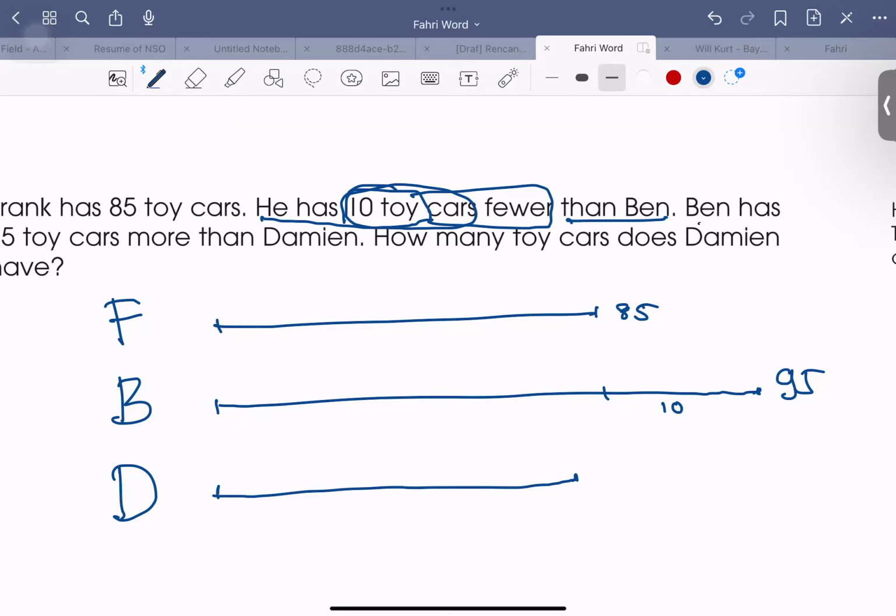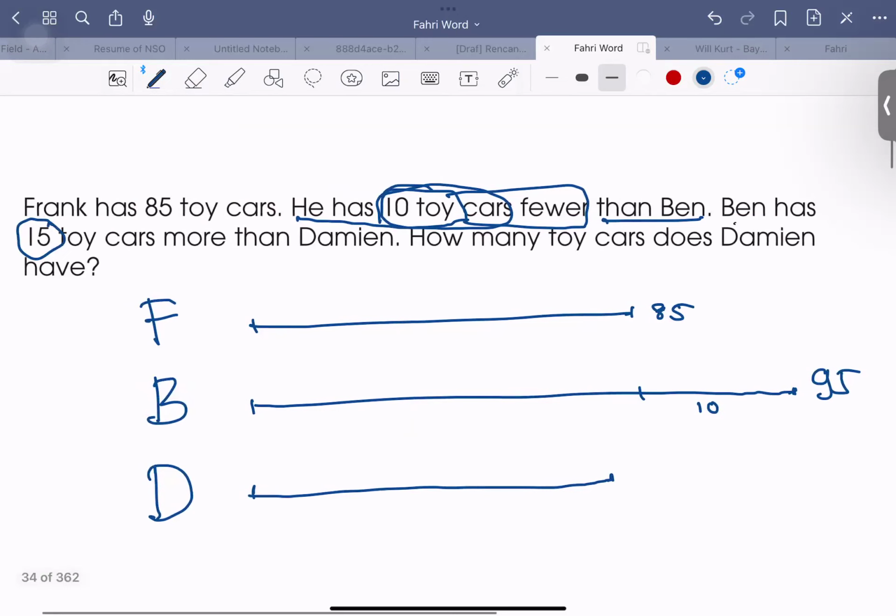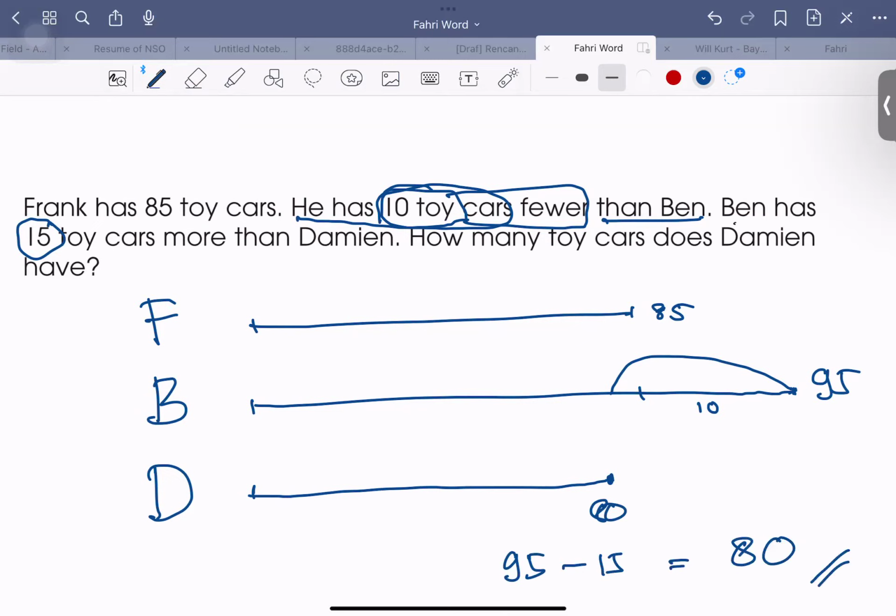And the difference is 15 from this statement here. That's why, how many cars does Damien have? 80. From 95 minus 15 equals 80 toy cars. Cool.